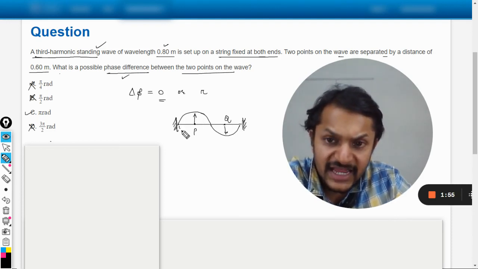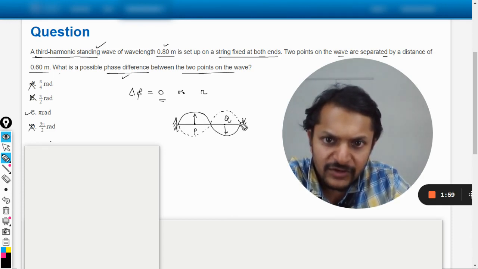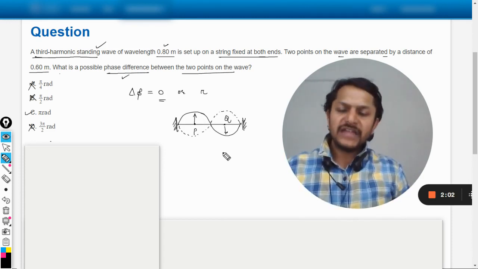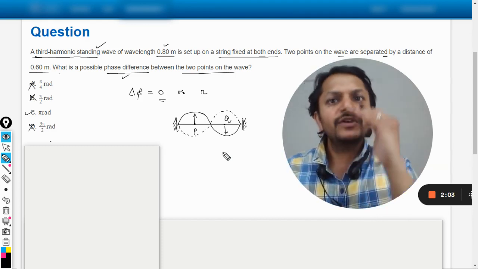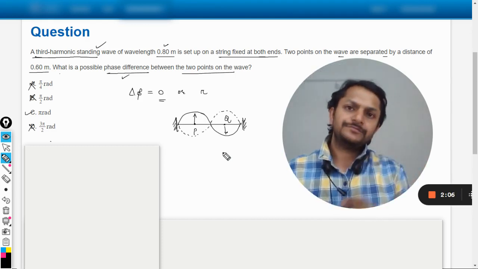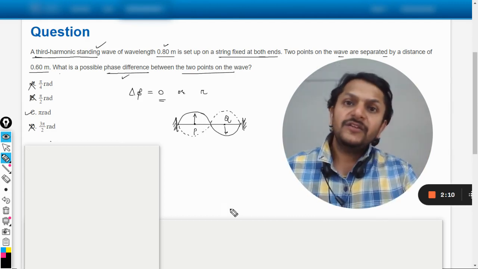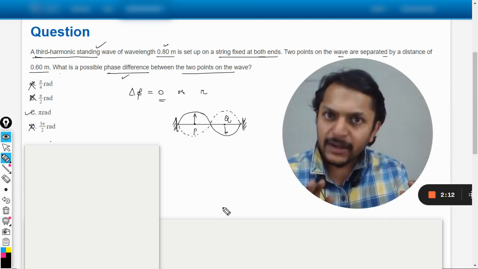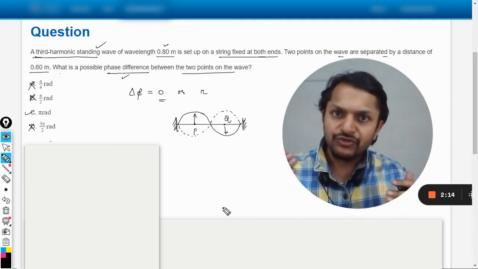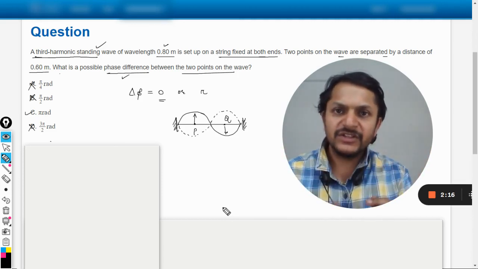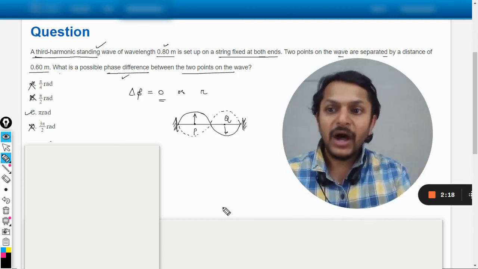This is the standing wave I have drawn. Please do not confuse it with the traveling wave. No, no, no. This is a standing wave. So when P is moving up, Q is going down. So it means that two particles which belong to two different segments are always moving in opposite directions. And the phase difference between the two points will be pi.